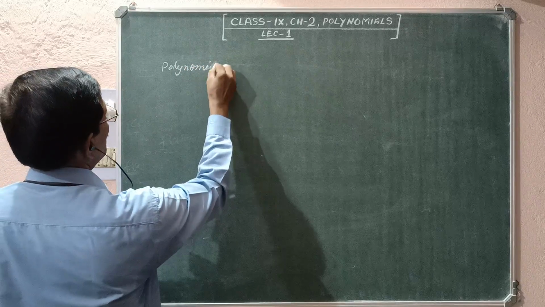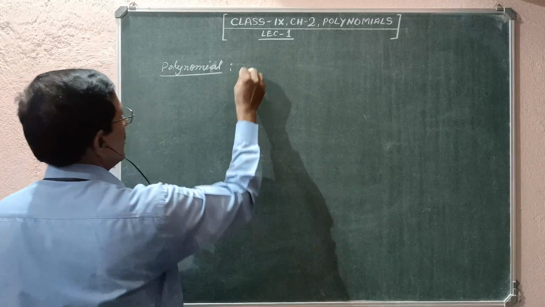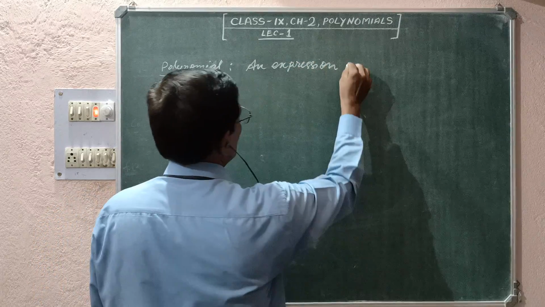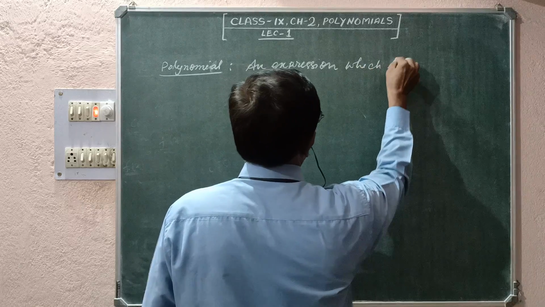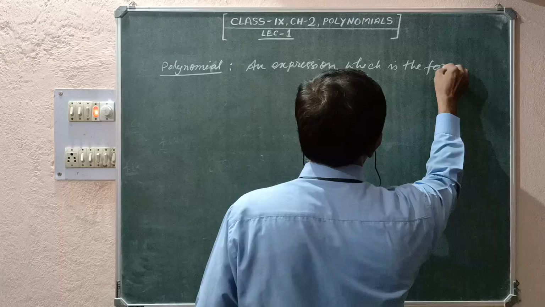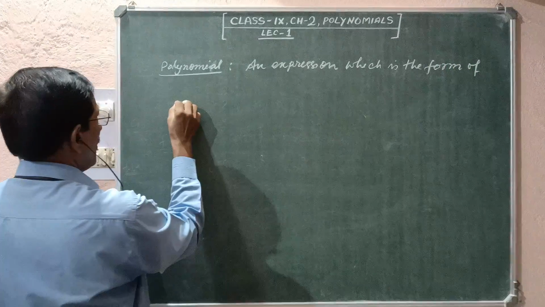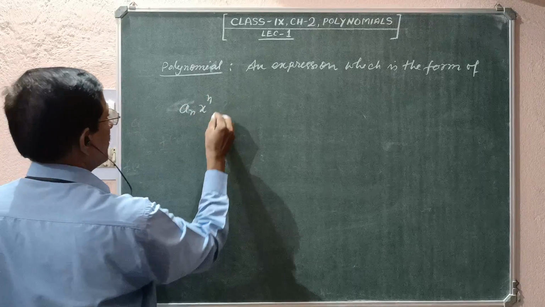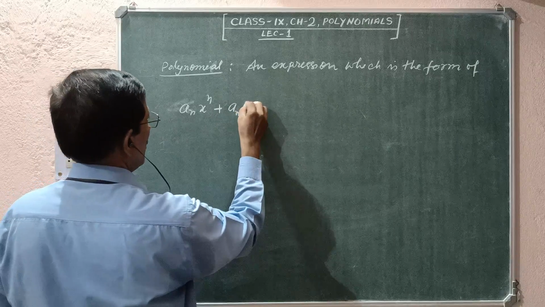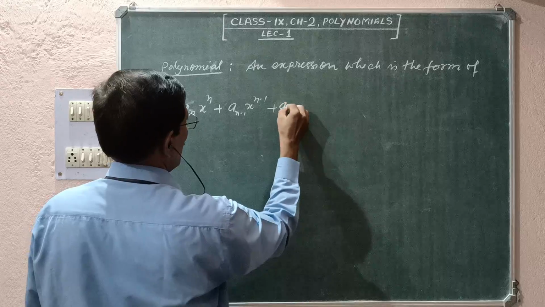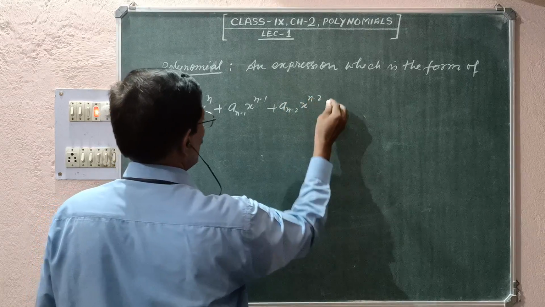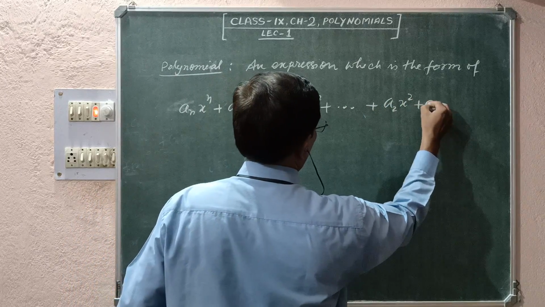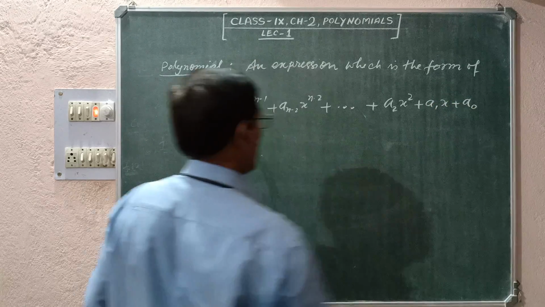We take a definition: an expression which is in the form of a n x to the power n plus a n minus 1 x n minus 1 plus a n minus 2 x n minus 2 plus dot dot dot plus a2 x square plus a1 x plus a0, like this.